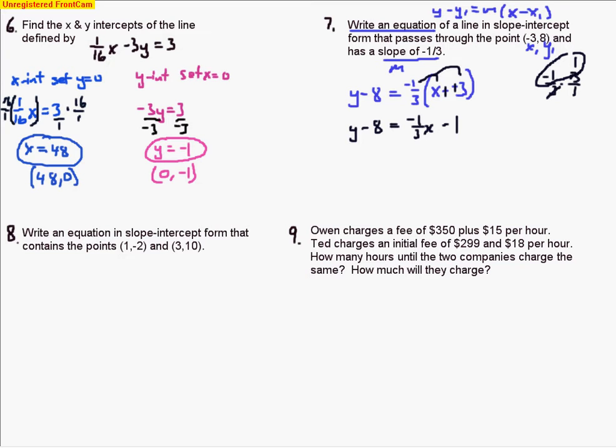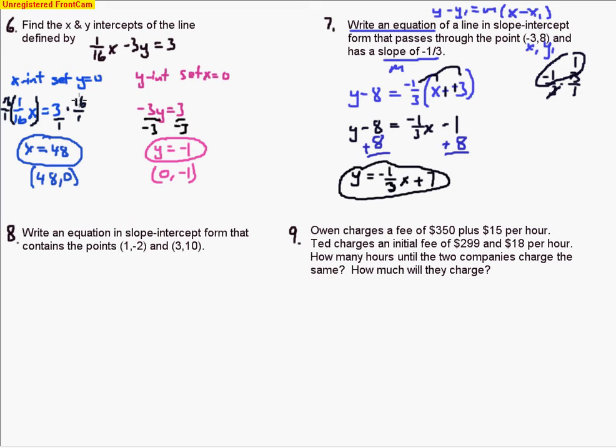So then we just have the one final step, and that is to add this 8 to both sides. And again, remember, watch the signs, opposite signs there, so we have to subtract. So now we have y equals negative 1/3 x, and then a plus 7. More positives than negatives, so that's why it's a positive.